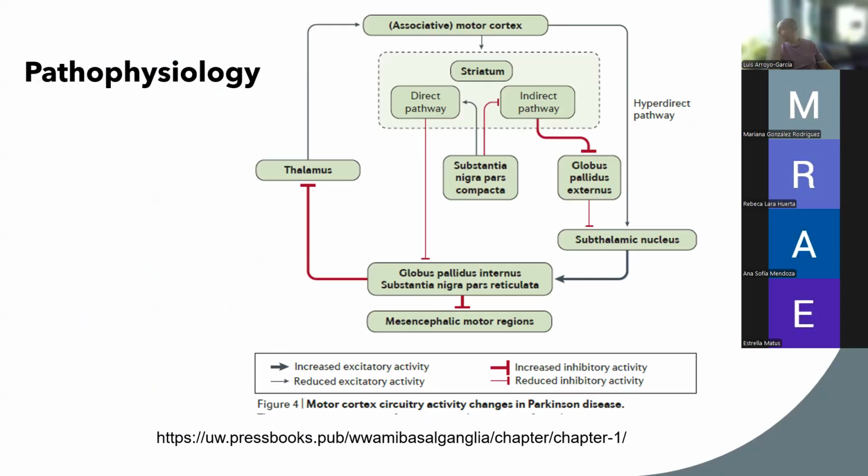What would you do? Substitute chemically what the substantia nigra is creating. Okay. So how would you do that? What would you give? With analogs of dopamine.